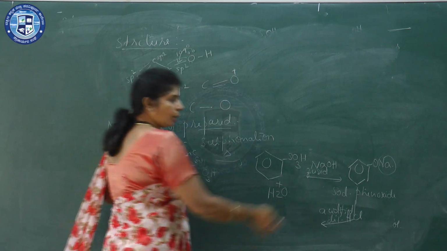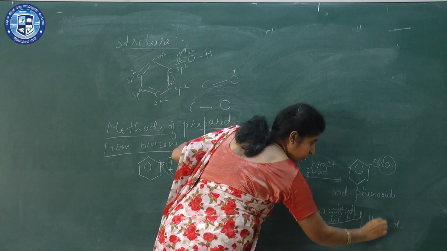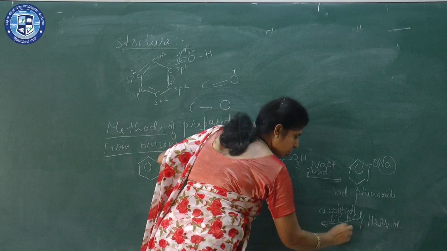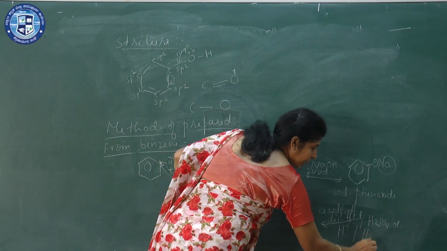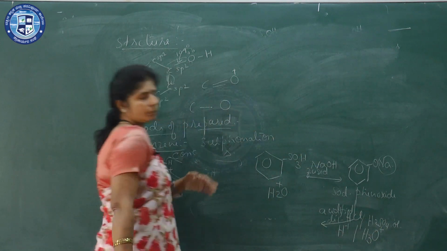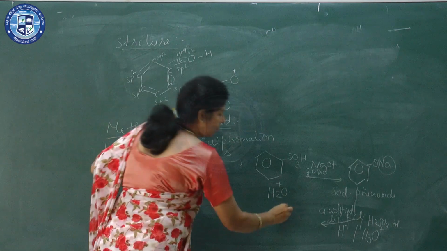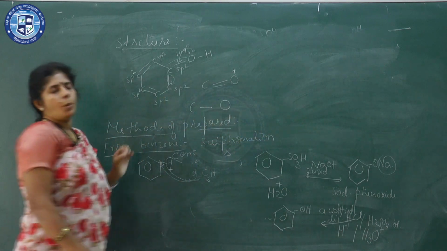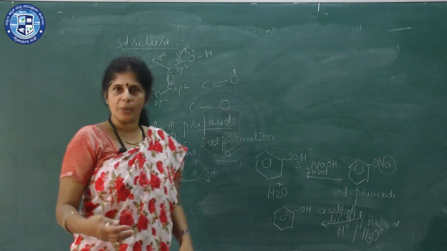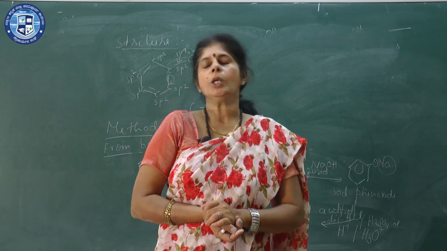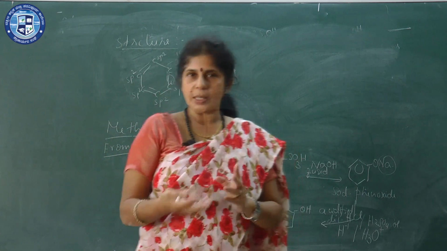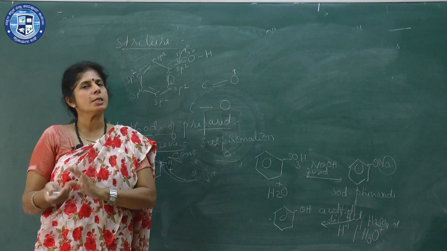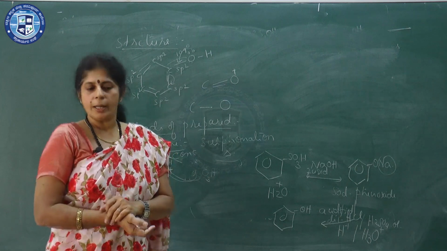You can do it with either HCl or sulfuric acid, or instead of writing all these, you can simply write H plus, or sometimes H3O plus. Right? The basic part is removed and we get the phenol. Now this is the simplest possible preparation from benzene: sulfonation using sulfuric acid, the benzene sulfonic acid is fused with sodium hydroxide and acidified. You get a phenol, right?